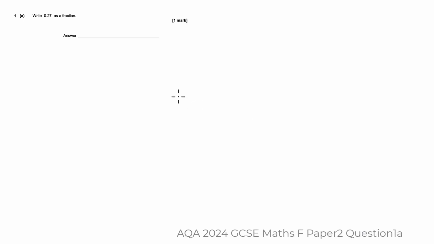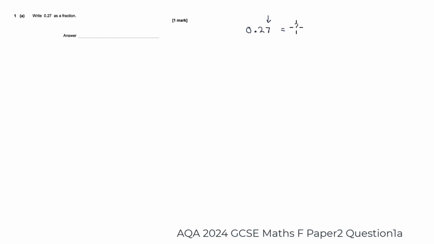Well, here we have question 1. And in part A, we're asked to write 0.27 as a fraction. Now, two ways you can do this. You either get your calculator and use that, or it looks straightforward here if you realise that this is the hundredths column and we've got 27 hundredths.